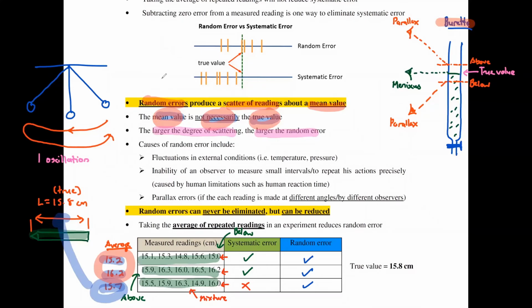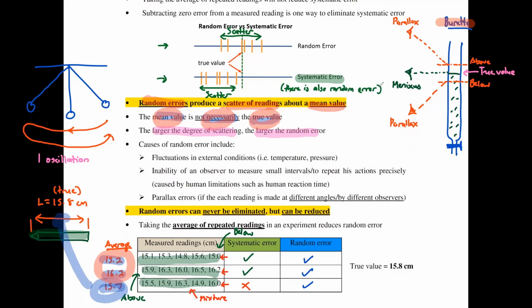Looking at the two examples here, the first example has random error because you see that there is a scatter of the readings. The second example also has random error because you also see a scatter of the readings. Although over here we say that there is systematic error, it's also correct to say that there is also random error.